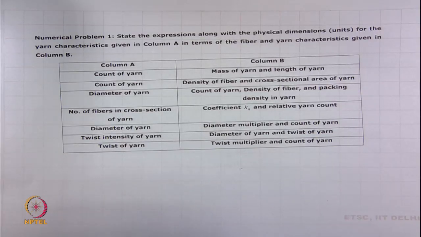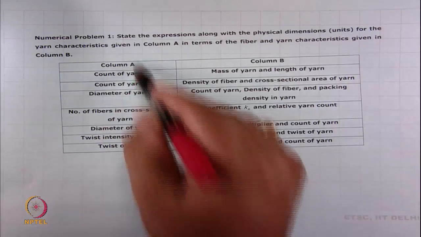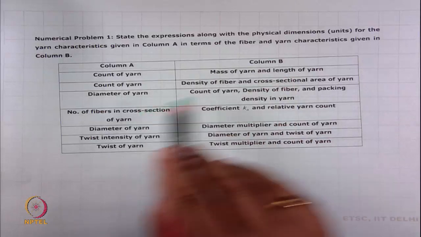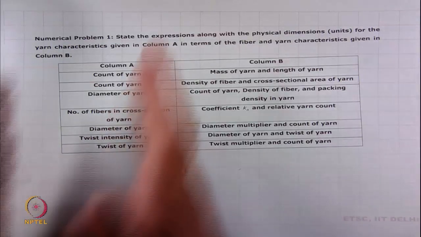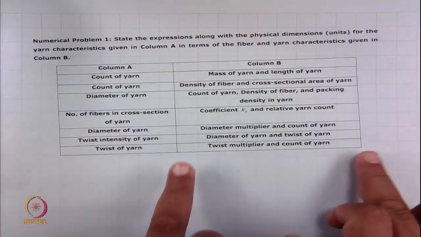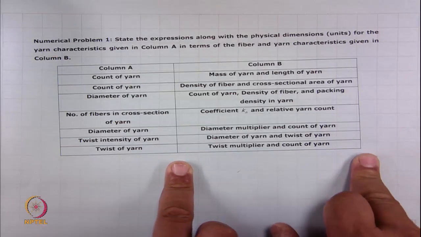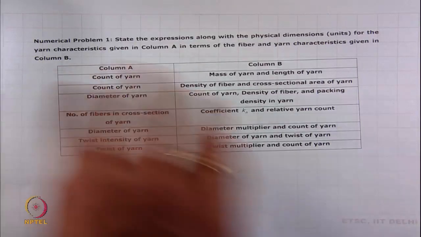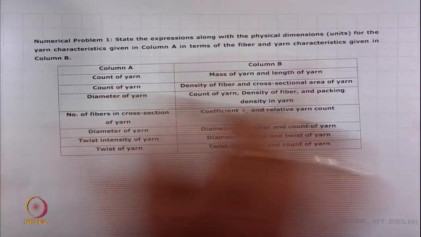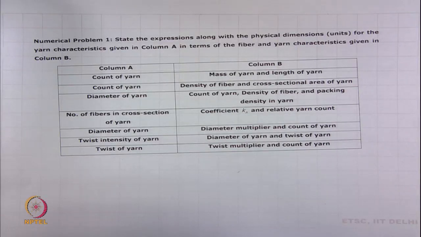State the expressions along with the physical dimensions for the yarn characteristics given in column A in terms of the fiber and yarn characteristics given in column B. A very similar problem we solved in module 1. That means, in this column yarn characteristics are mentioned, in this column fiber as well as some of the yarn characteristics are mentioned. You need to express the variables in column A in terms of the variables in column B.